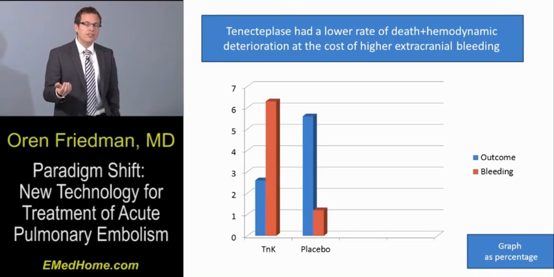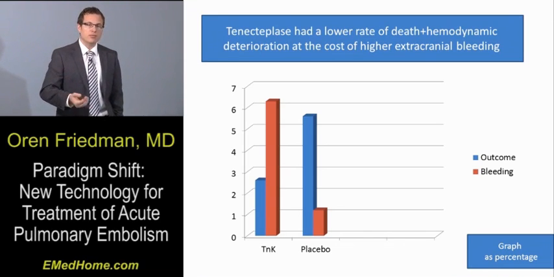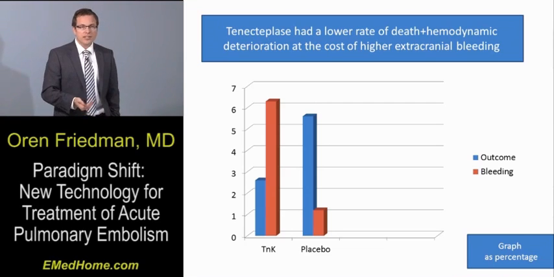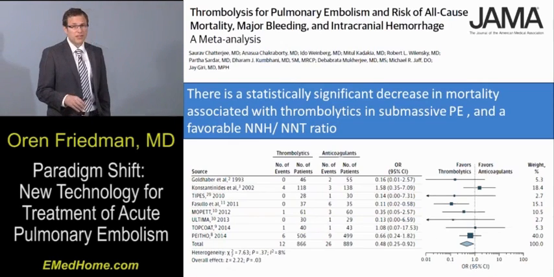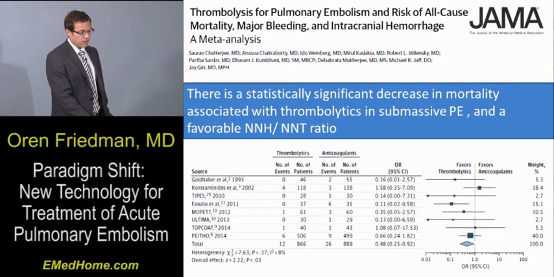And I just want to emphasize that if you take out the sickest of the submassive pulmonary embolism patients, I think you'll find a higher risk subgroup, and I think you'll find that these patients are more likely to benefit from systemic thrombolytics. This is an important meta-analysis that came out shortly after the PEITHO trial, including several trials in the modern era.